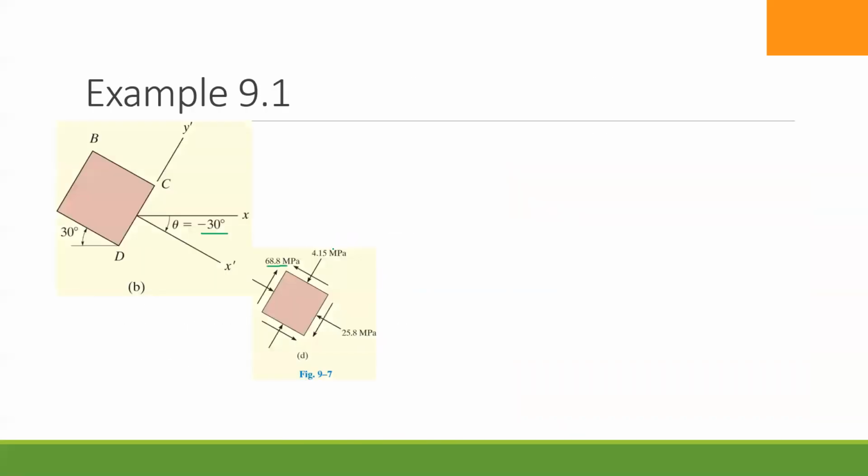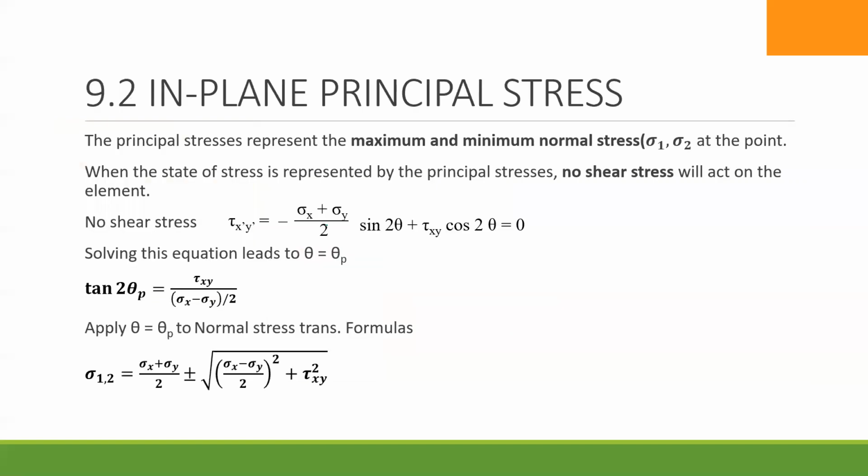In which orientation does our normal stress have the maximum values, and in which orientation do we have the maximum shear stress values? I think we can pass to the next section.